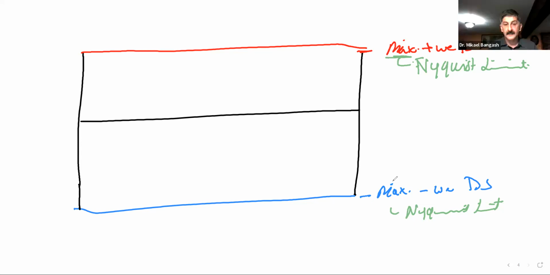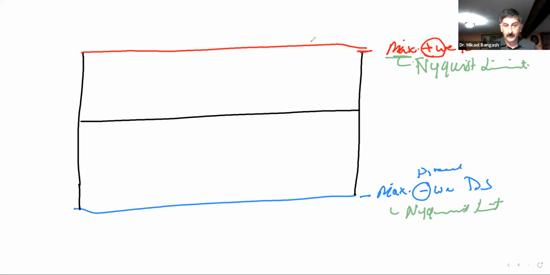As far as the positive factor is concerned, whereas the negative factor is only going to be determined by the direction of the blood flow. Clear? So the Nyquist limit is just that upper limit that you are able to record.